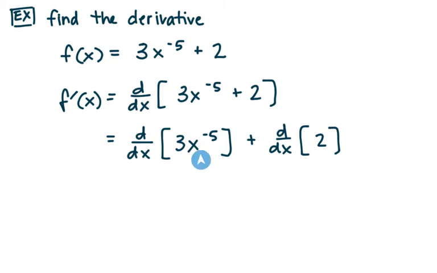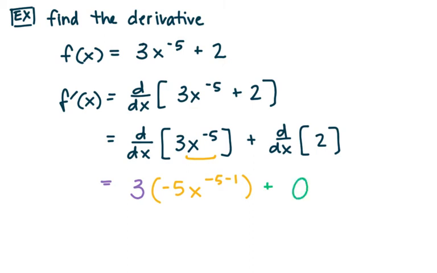So for this first term, I used the sum and difference rule to split it up, but for the first term, I'm going to leave that constant multiple 3 in front. That's a constant multiple, so I have 3. And then dealing with x to the negative fifth, that's going to be negative 5x to the negative 5 minus 1. And looking at the last term here, that's the derivative with respect to x of 2. 2 is a constant.